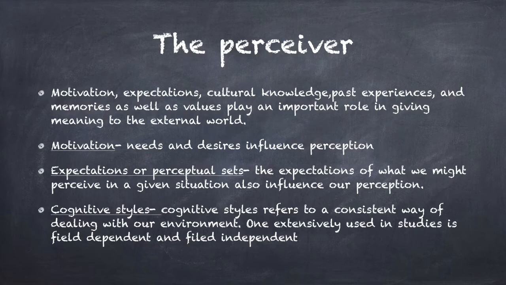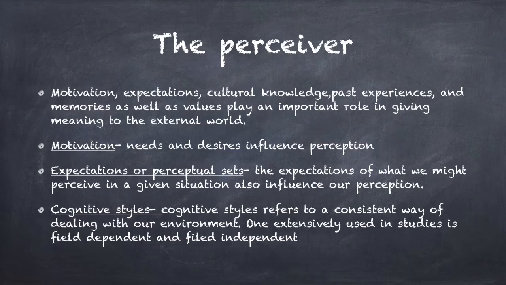Now I give you an example. If you are hungry and I show you some abstract pictures, you will think it to be some food because you are hungry. There can be other examples also.